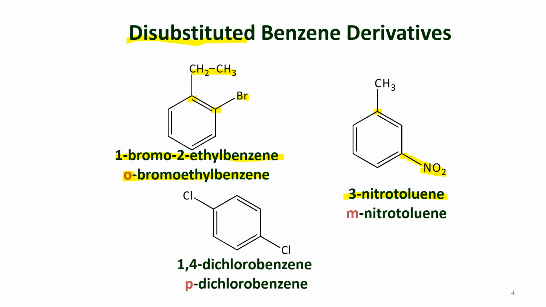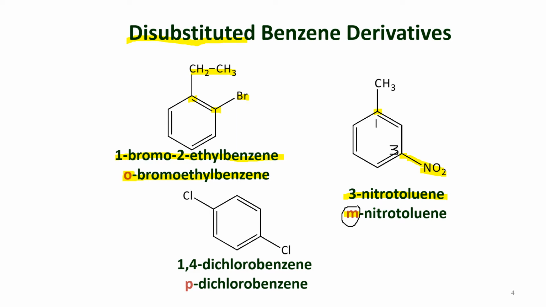And another name for this one can be M-nitrotoluene, because the two groups attached are at carbon number 1 and carbon number 3 in this case. So this methyl group is at carbon number 1 and the nitro group is at 3. So if two groups are at 1 and 3, we call it M.